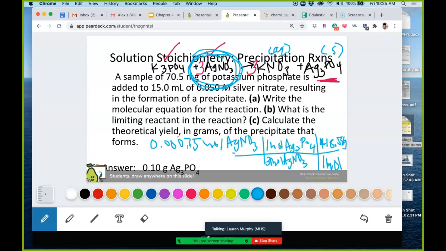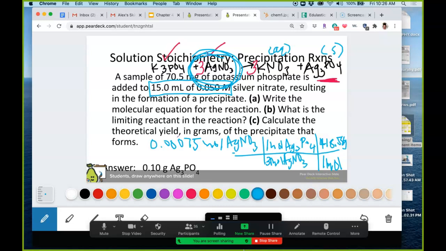So you take and you divide by 3 and then you multiply by 418.58. Now, sig figs. We used silver nitrate's numbers. So sig figs are based on silver nitrate. This is 3 sig figs, this is 2 sig figs, so your answer is 2 sig figs. 0.10 grams of silver phosphate will be produced if you have this specific situation. Questions?